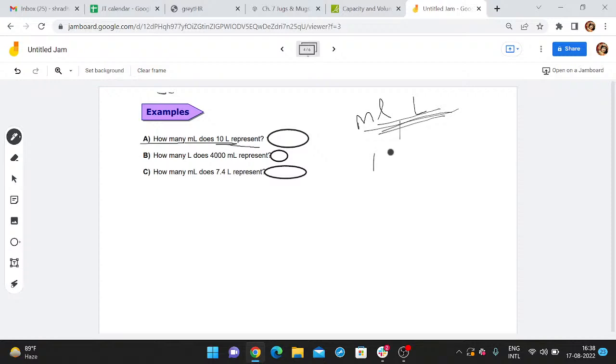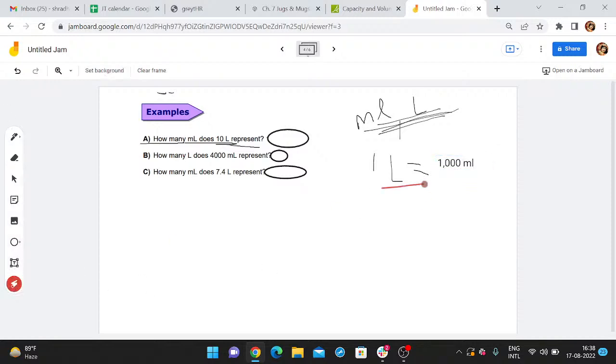So as we did before, 1 liter is 1000 milliliters. So let me write it. I'll write it through the text box so that it becomes very easy. There we go, which is 1000 ml.